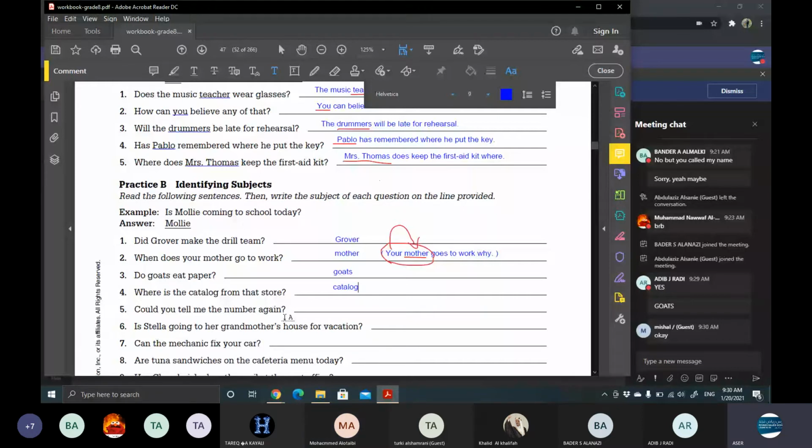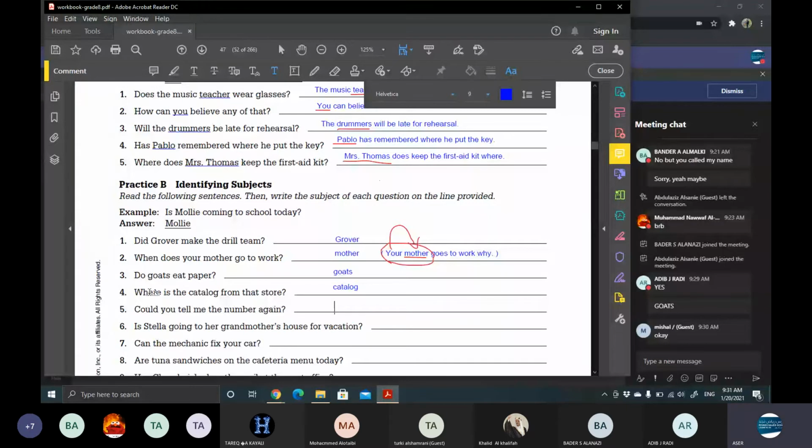The catalog is from that store. Where? Okay. It's a little bit tricky to change a question into a statement. The catalog is from the store. Yes, where, and you add where at the end because the sentence is incomplete. We are asking about the place. So we say the catalog is from that store at the end, and you put any place instead of where, or you just put where.